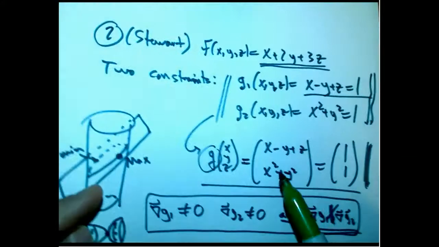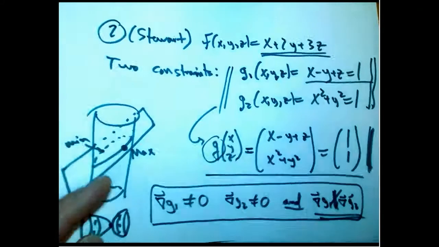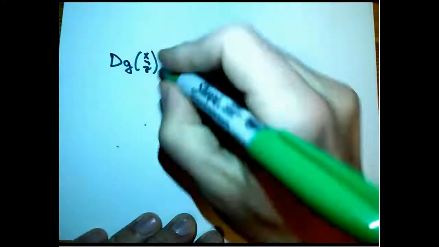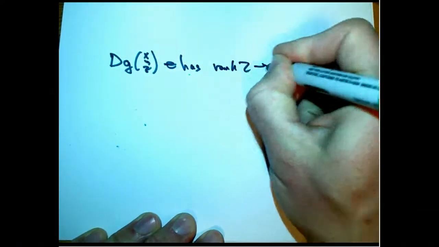The derivative map is a matrix whose rows are these gradients. We want them to be non-zero, non-parallel vectors. Oh, we want that to have rank 2. In other words, we want it to be onto.